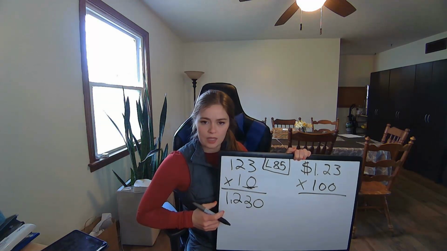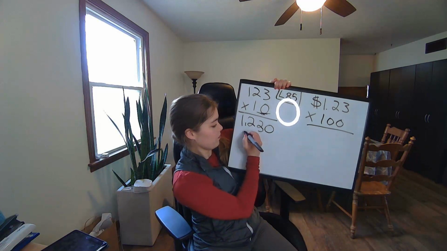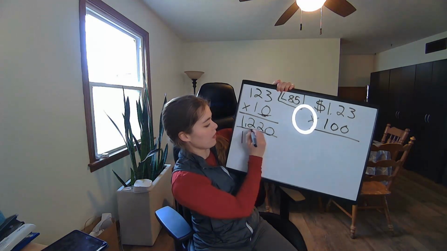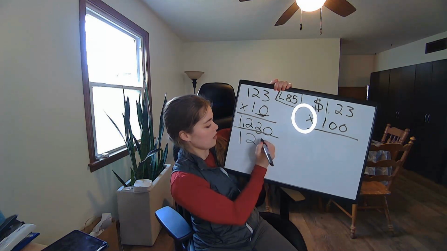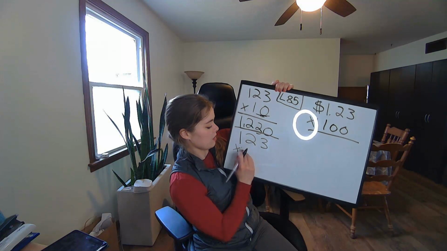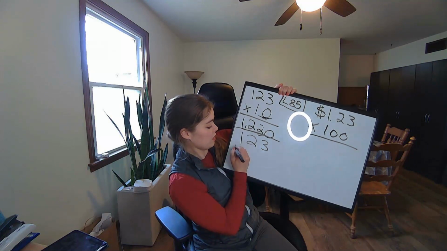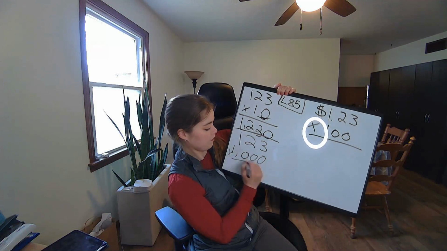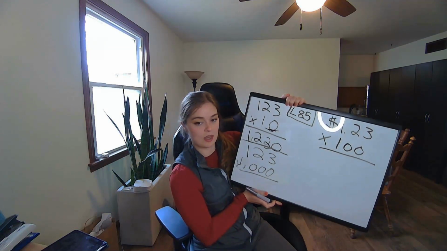Now, what would it look like if we had a problem like this? I want you to write this out with me. So we'll draw this divider there. So 123 times 1,000.